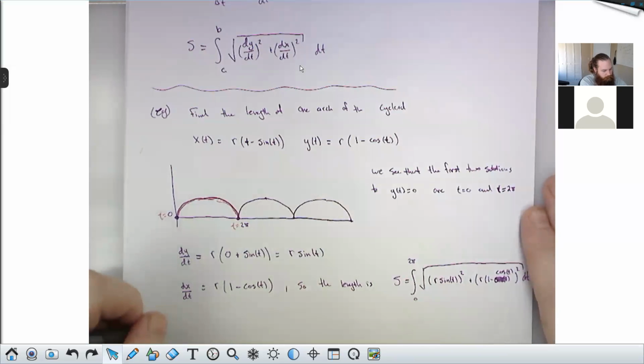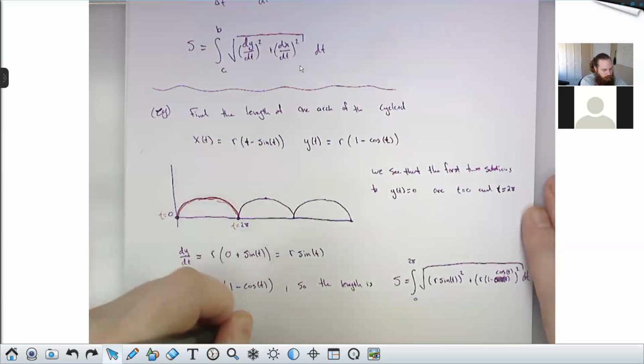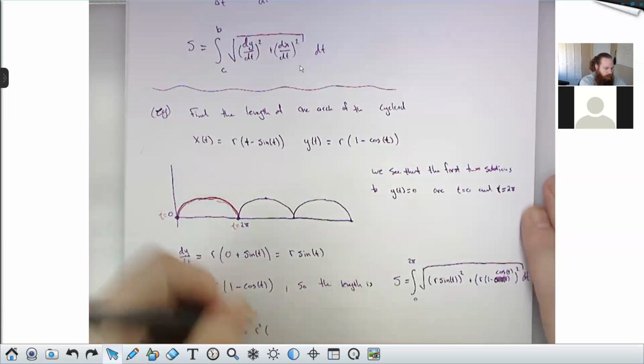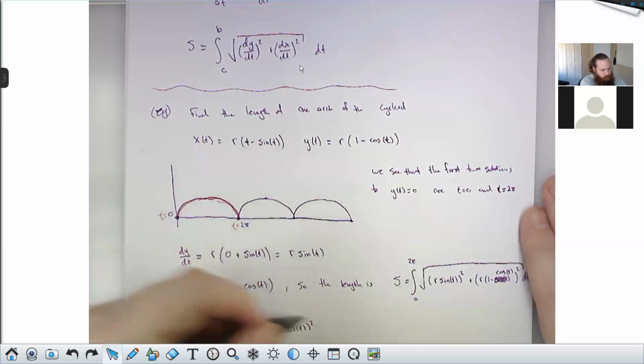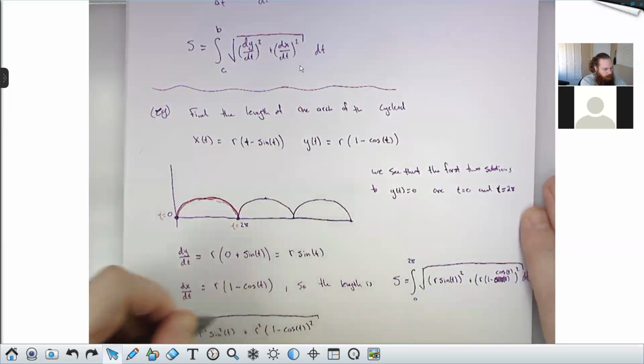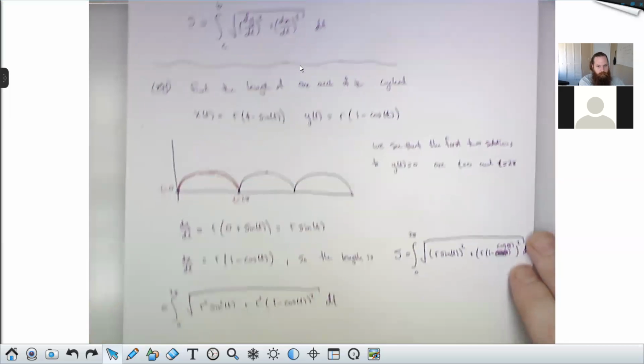So this integral is equal to integral 0 to 2 pi square root of r squared sine squared t plus r squared times 1 minus cos t squared, dt. I'll write it like this so we can see it. Sorry about that.